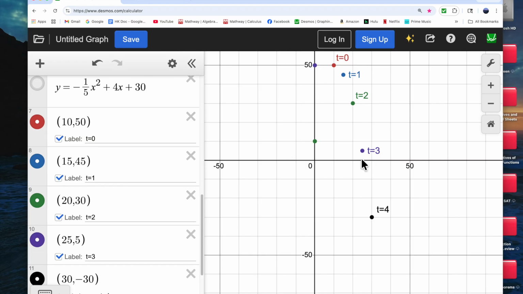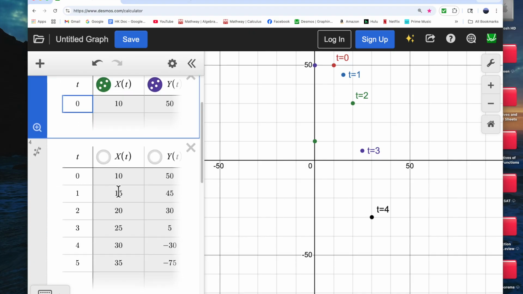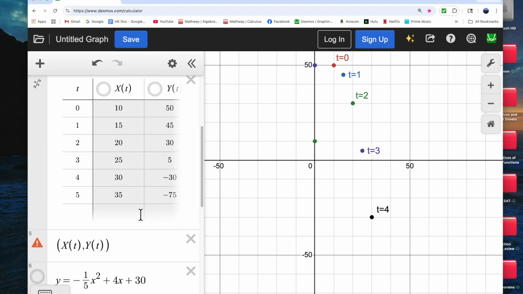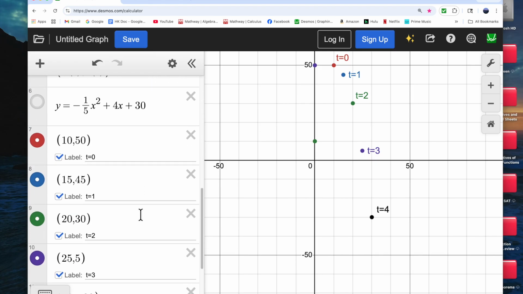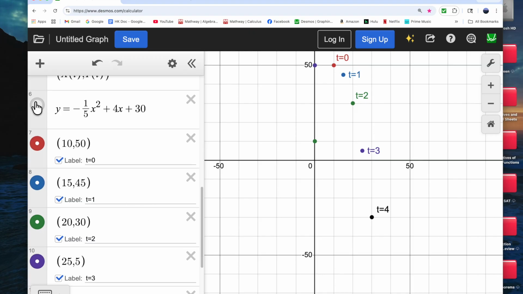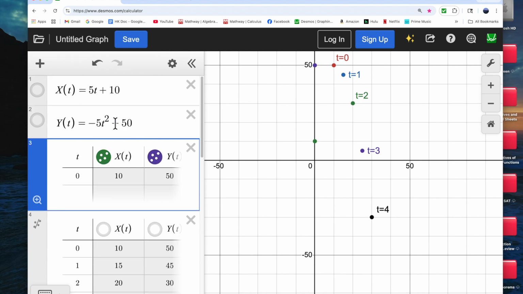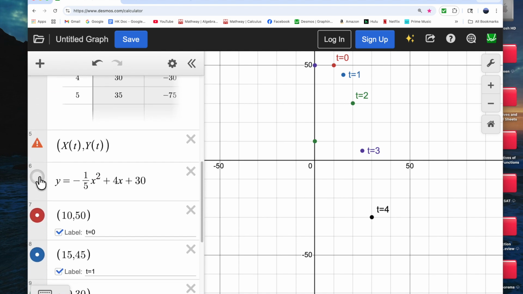And we got these points here. These points 10, 50, 15, 45 are taken right from the table that we created. The next thing we see is if we highlight our rectangular coordinate equation right here, we could see that the path fits these parametric equation points.